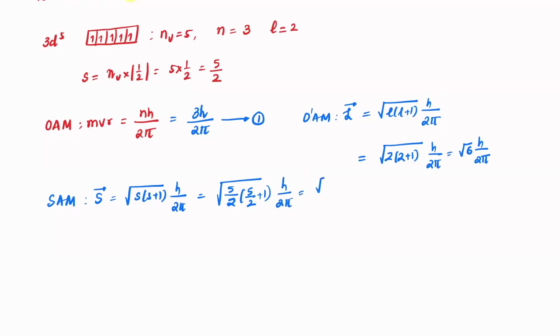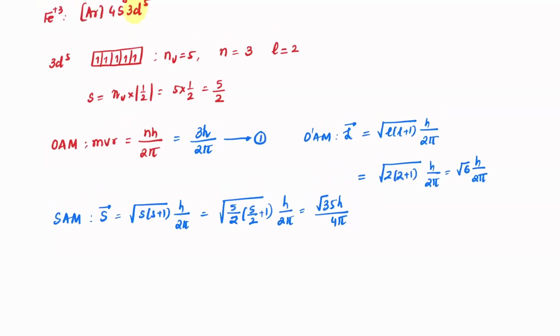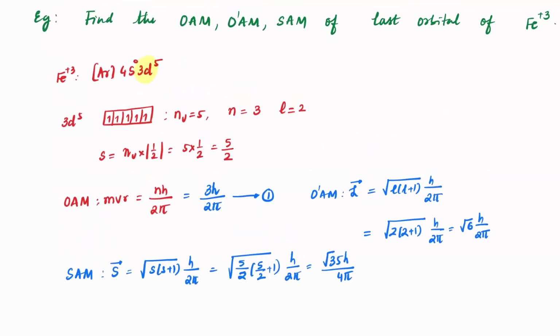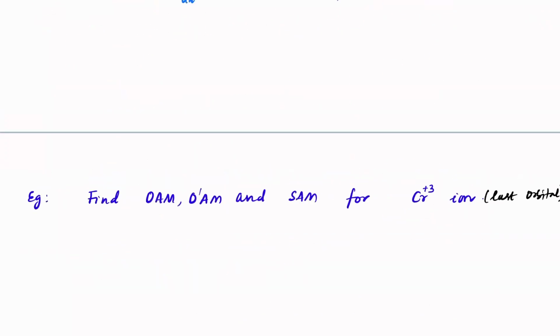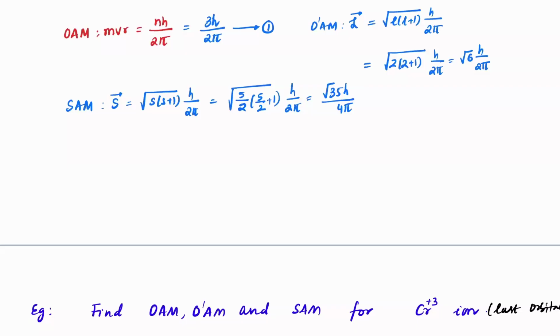So the 2 will come out of the root and that comes out as root 35 h by 4 pi. So a very, very standard JEE question, everybody. Anything could be asked right from orbit, orbital, or spin angular momentum. On top of that, I'm adding one more factor here that is called spin only moment.